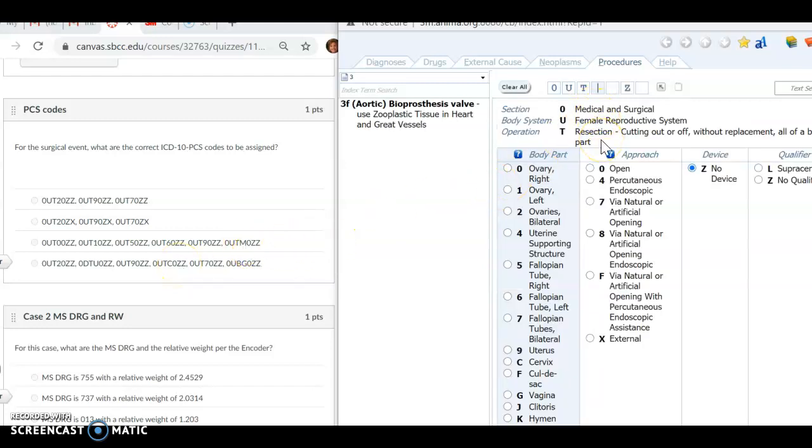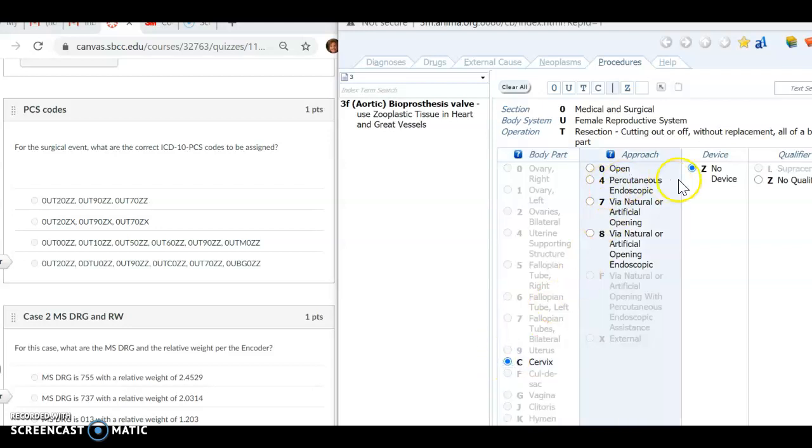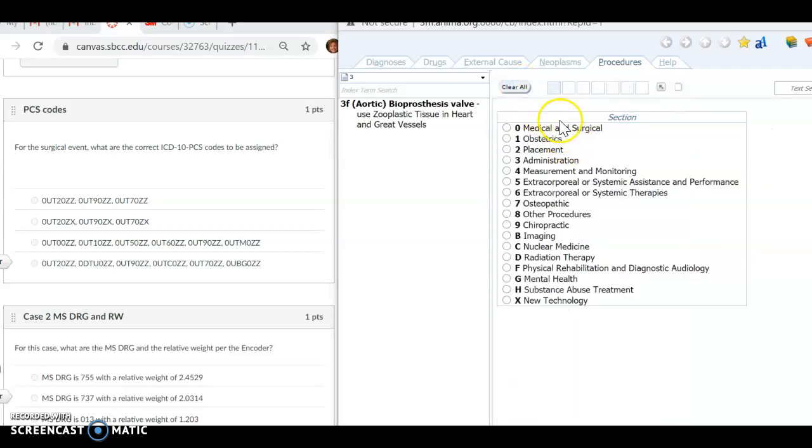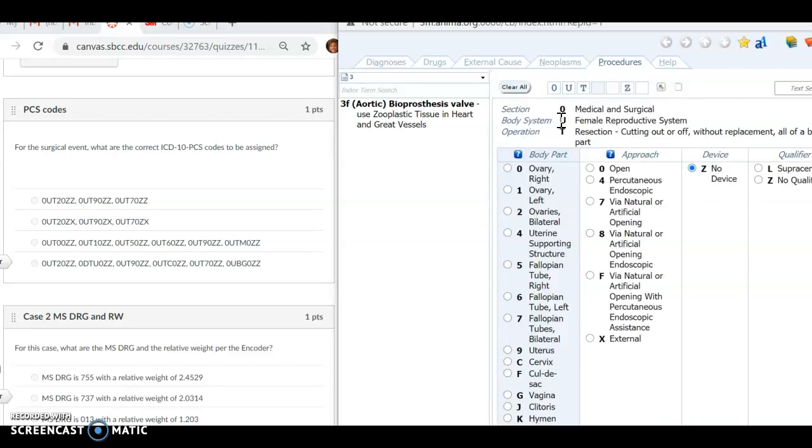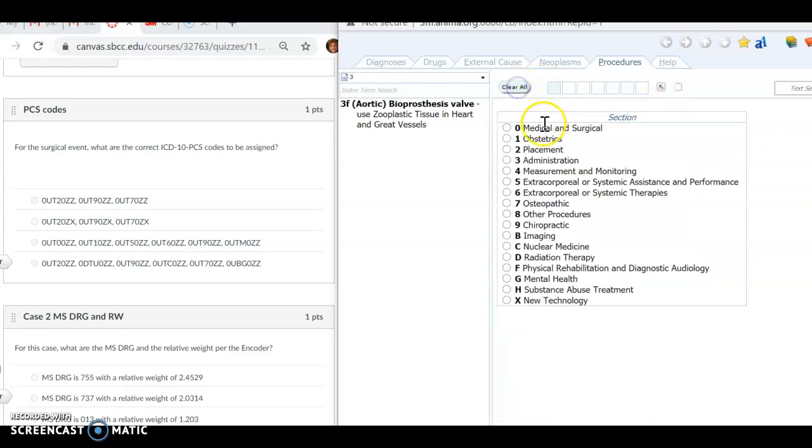Okay, we have resection again. This one is C. They took out the cervix. 0ZZ. And then we have 0UT. And then we took out the fallopian tubes. 0ZZ.